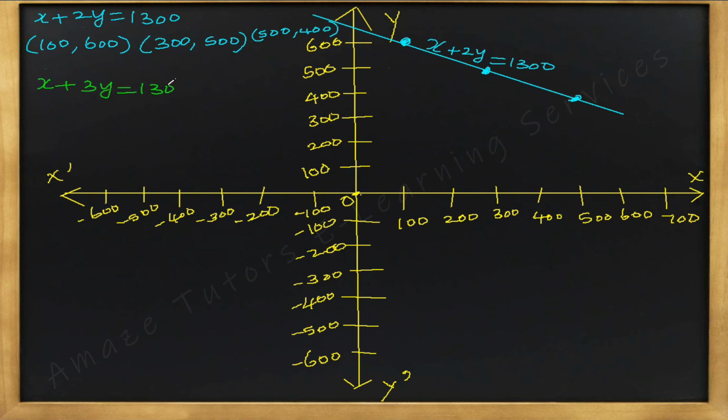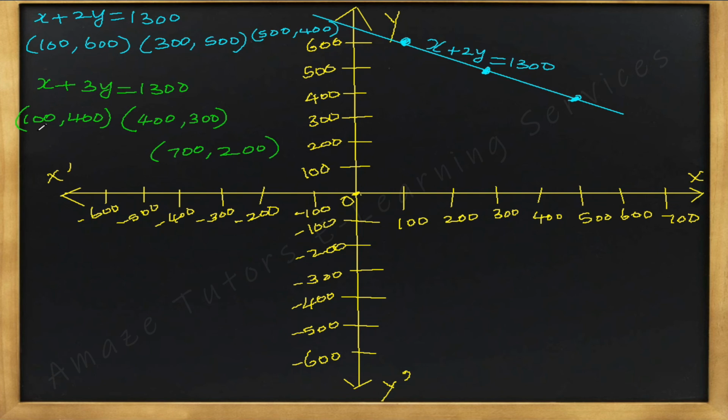Now let's graph the second equation, and the second equation was x plus 3y is equal to 1300. It is the same right side, the only difference is this 2 and this 3. And the three coordinates we got were 100, 400; 400, 300; and the third coordinate is 700, 200.